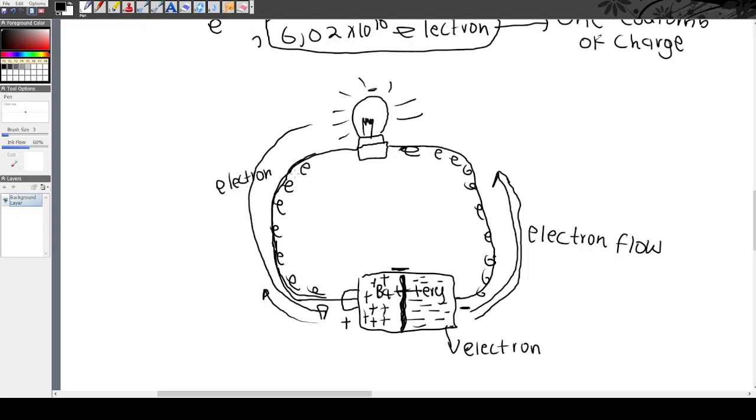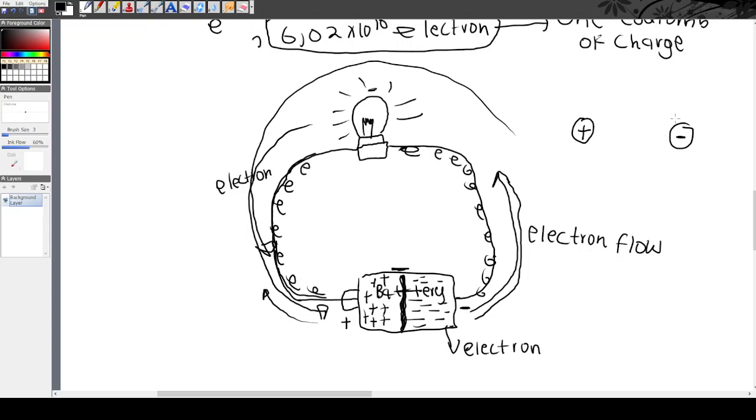Listen now. So what happens is that as these electrons flow around the circuit towards the positive terminal, you might ask why they flow. It's because of Coulomb's law. If you haven't watched the video about Coulomb's law, it is posted on my channel. We know that a positive charge is attracted to a negative charge.